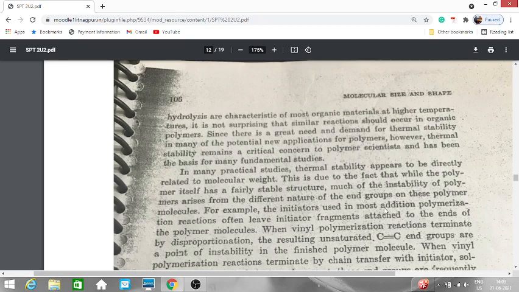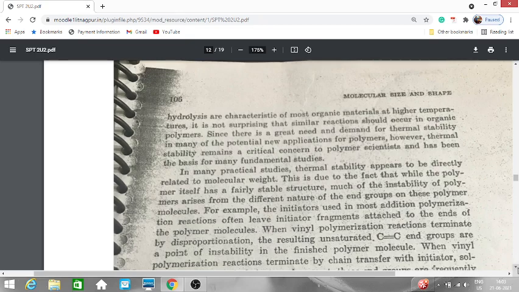For example, the initiator used in most addition polymerization reactions often leaves initiator fragment attached to the end of the polymer molecule. Some polymerization reactions terminate by disproportionation. The resulting unsaturated C-double-bond end group is a point of instability in the finished polymer molecule.